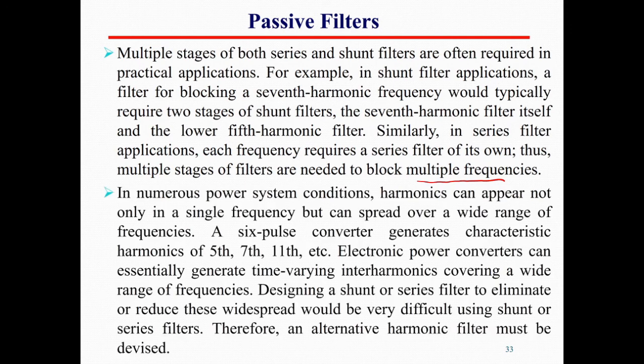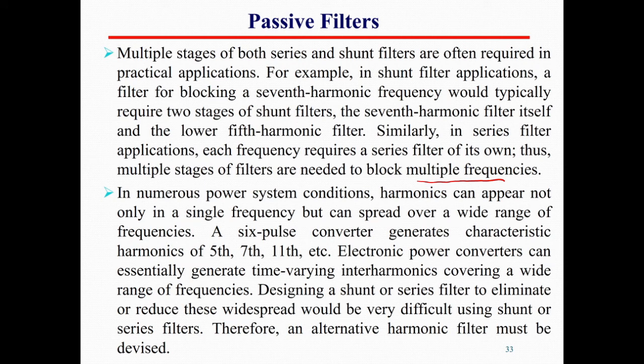In numerous power system conditions, harmonics can appear not only at a single frequency but can spread over a wide range of frequency. A 6-pulse converter generates characteristic harmonics of 5th, 7th, 11th.